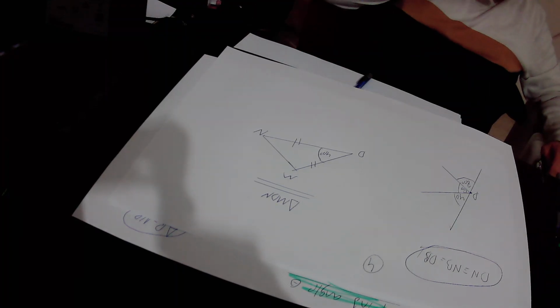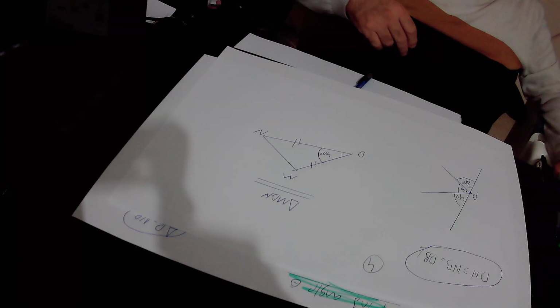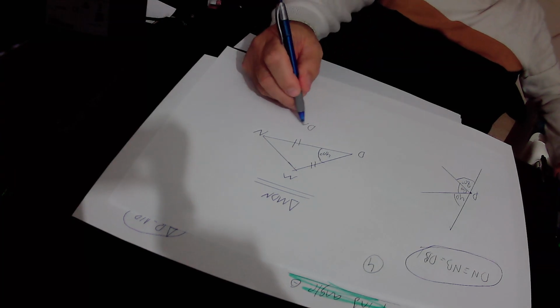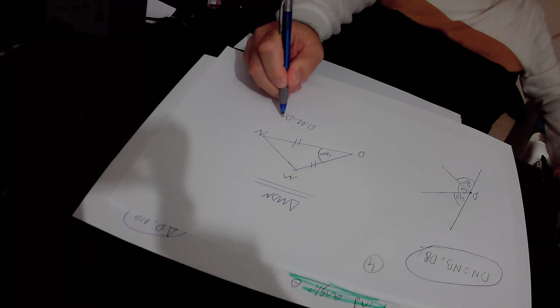So actually, this is triangle MDN. We take a copy from the original drawing. We have already found out that DM equals DN.